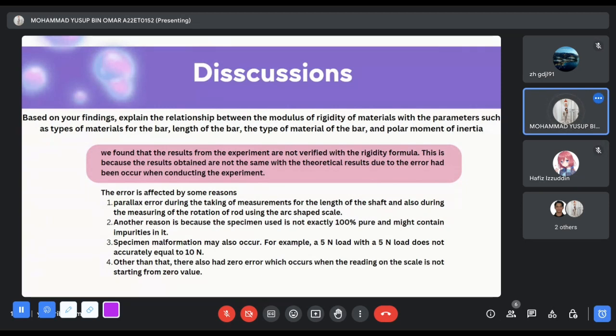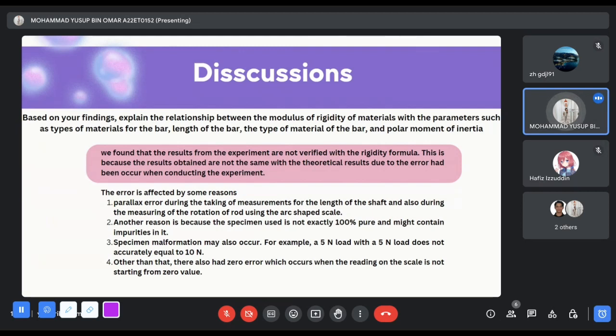This is because maybe during the experiment our eye is not really perpendicular to the scale reading. The second is that the specimen used is not exactly 100% pure and might contain some impurities, or might have a defect.